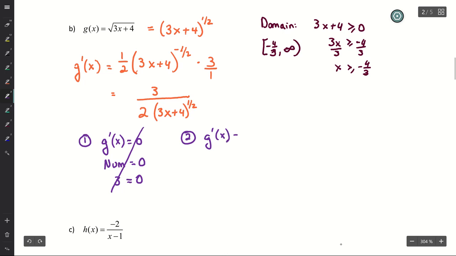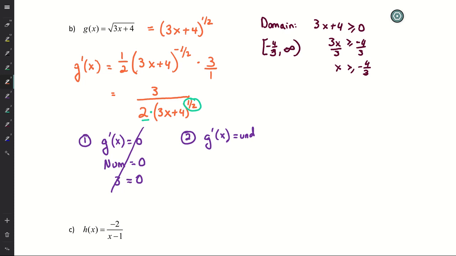For the second part, we say, where is my derivative undefined? Well, this is a problem where there's a possibility that the derivative could be undefined. Since I have a fractional type function, the denominator could possibly be 0. Now, in this problem, notice that we have a coefficient of 2 out in the front, and we also have this exponent of 1/2. Neither one of those two things, because they don't involve the variable x, are going to have any influence to the denominator being 0.